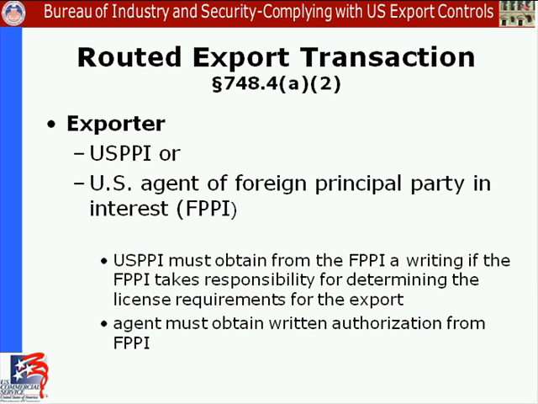Remember, export transactions are legal transactions, and there are legal responsibilities for those that participate. So in order for someone to act on your behalf, that must be put in writing.